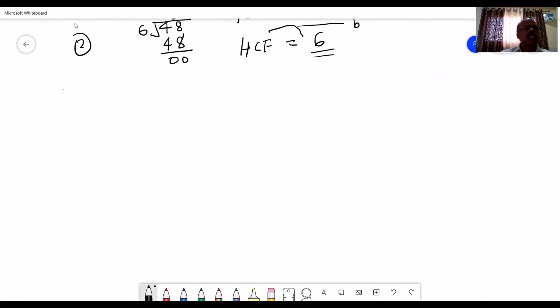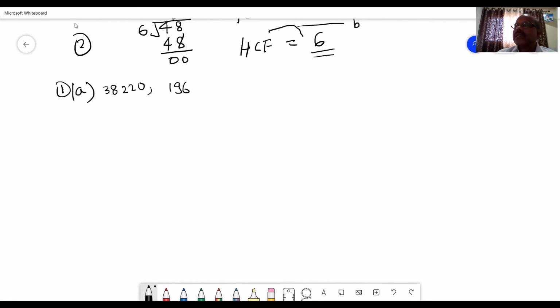So we are in example number 1, A. Given is 38,220 and 196.